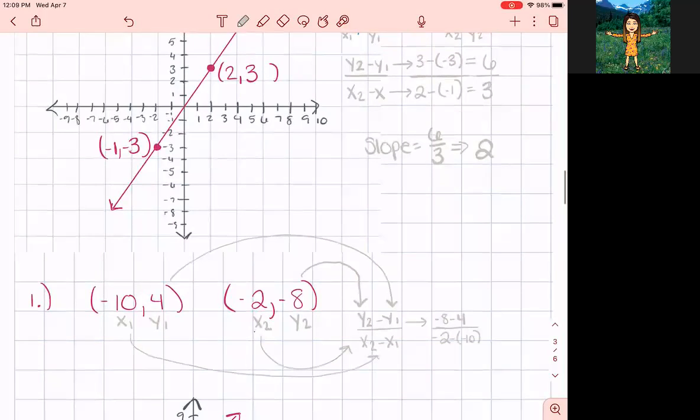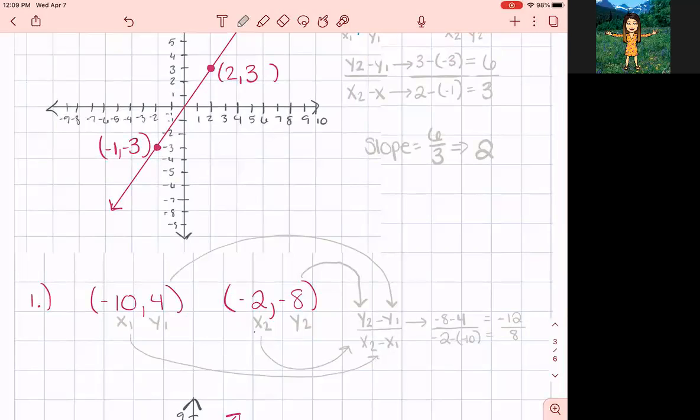Next step is to do the math up top. -8 and 4 more negatives makes for -12. Do the math on the bottom. -2 minus a -10 is the same thing as +10, so that's going to equal 8.